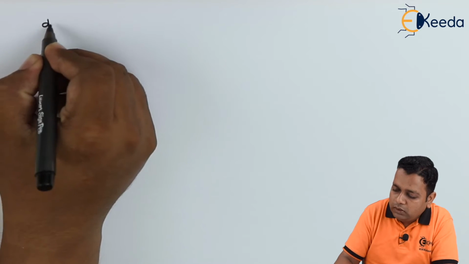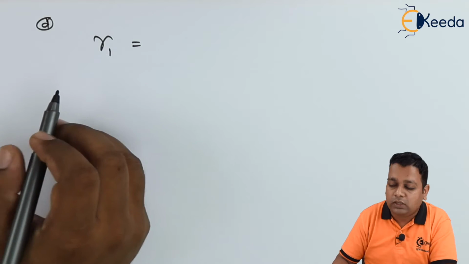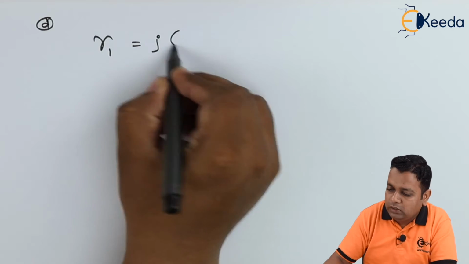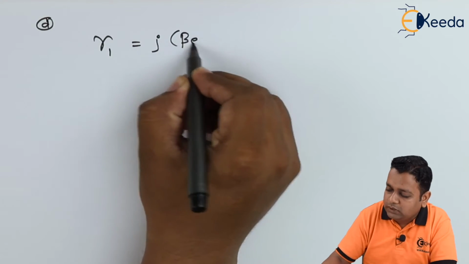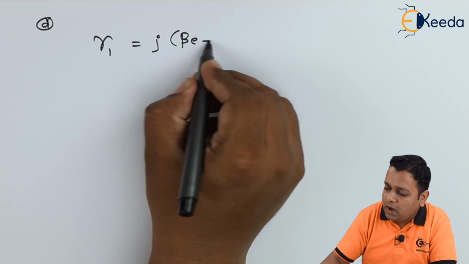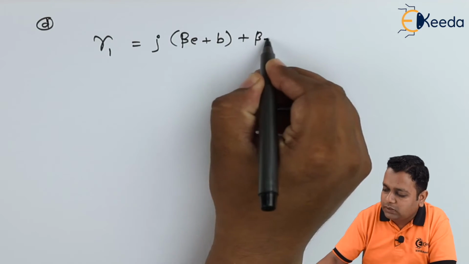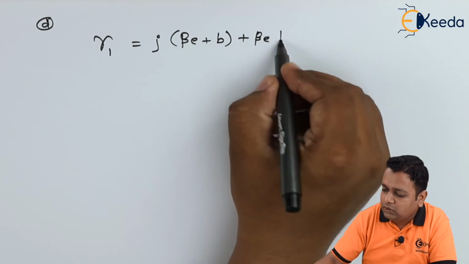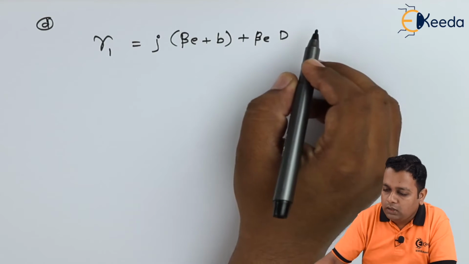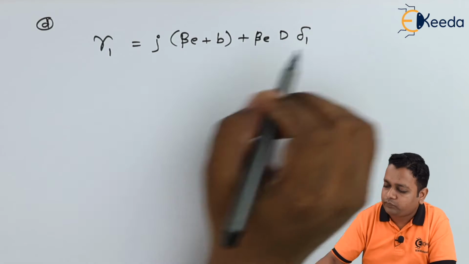So for part D, we have the first propagation constant that is denoted as gamma 1. So gamma 1 is given by the formula j in the bracket, beta suffix e, the phase shift constant for the electron beam, added with the small b factor, plus we have beta suffix e multiplied by capital D factor into the first delta differential, delta 1.